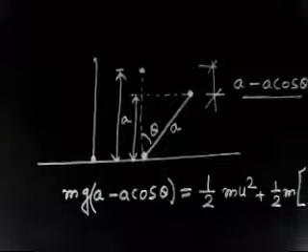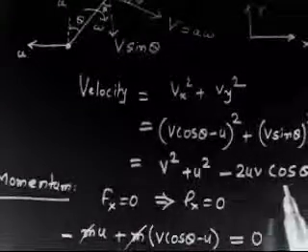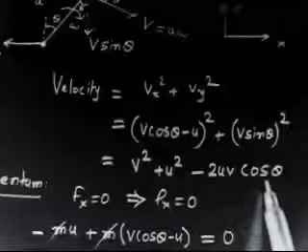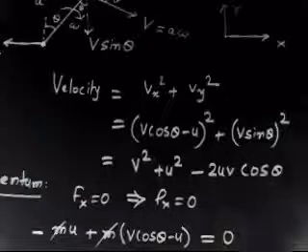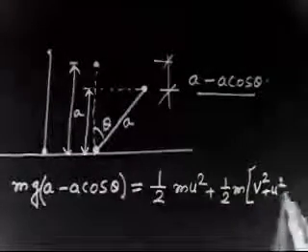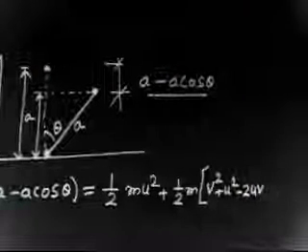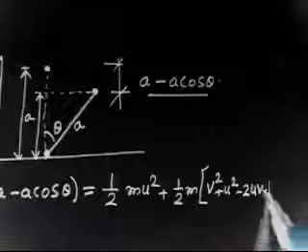So you see, this velocity squared is v square plus u square minus 2uv cos theta, and theta is 60 degrees. So let us plug this value for the resultant velocity squared: v square plus u square minus 2uv, and cos 60 degree is 1 by 2.